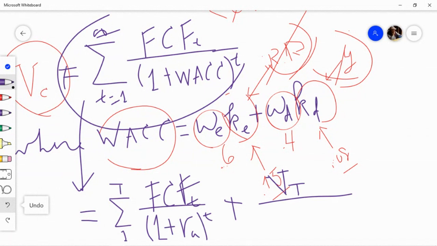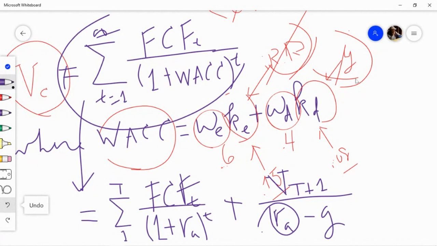So the value of the firm at time T, T plus 1, discounted by weighted average cost of capital, right? RA minus G.